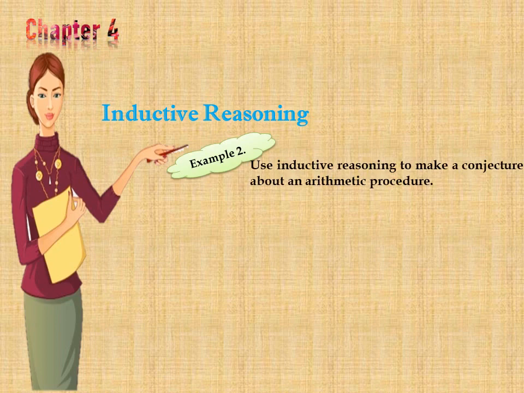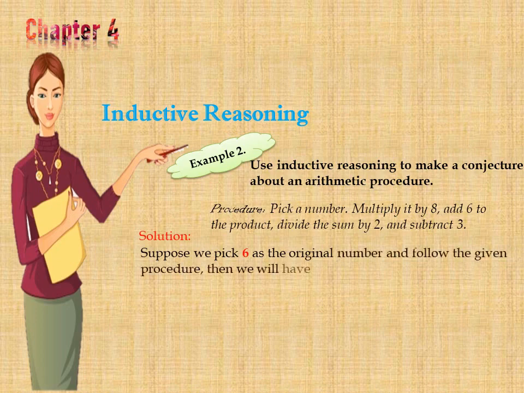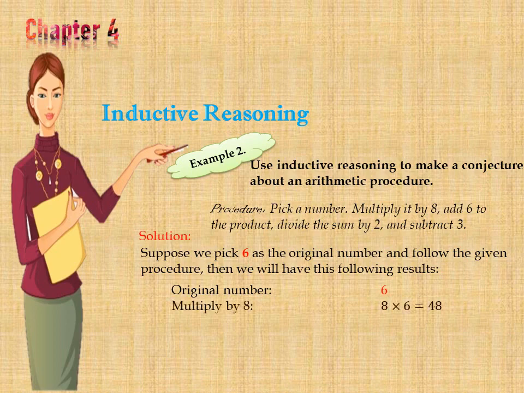Now we're going to pick another number. Suppose we pick 6 as the original number and follow the given procedure. We multiply it by 8, so 8 times 6 gives us 48. Next, we add 6 to the product. Since the product is 48, adding 6 gives us 54.